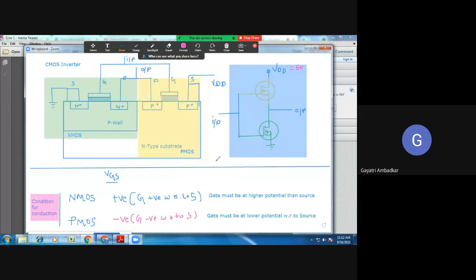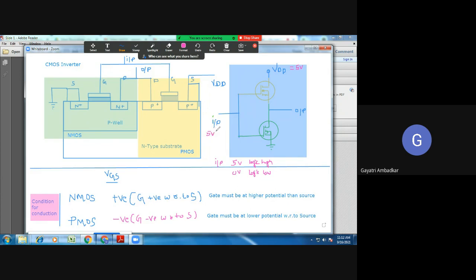One is 5 volt, that is logic high, and another is 0 volt, that is ground, which is logic low. First of all, we will give input as logic high, that is 5 volt.